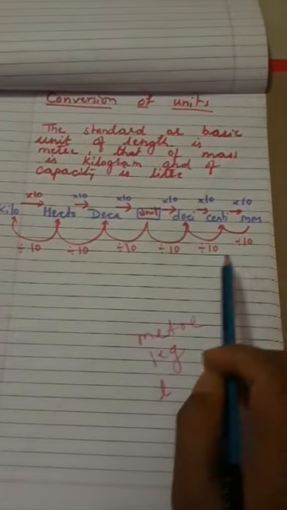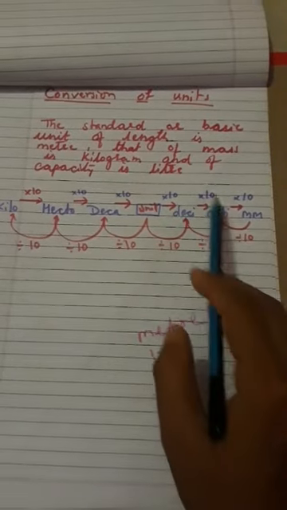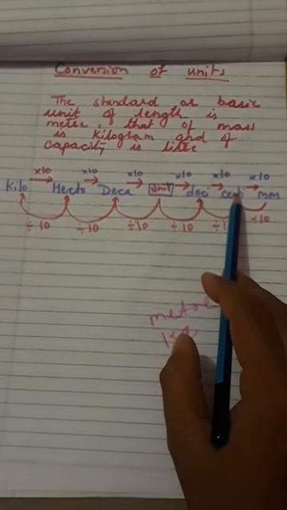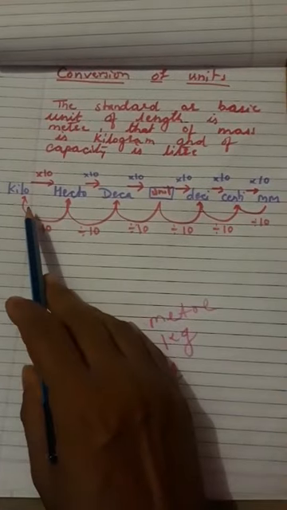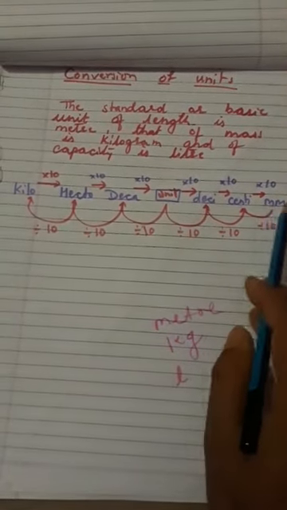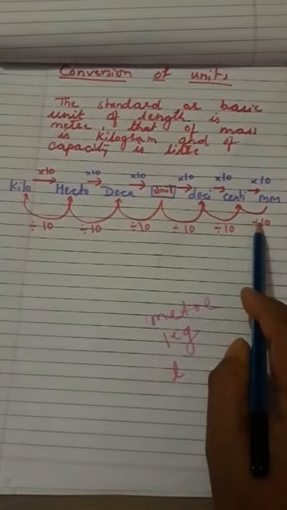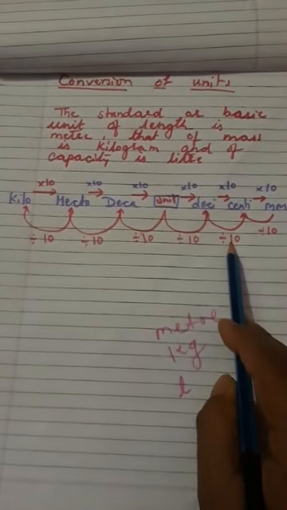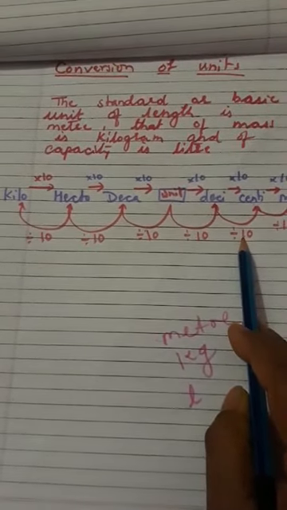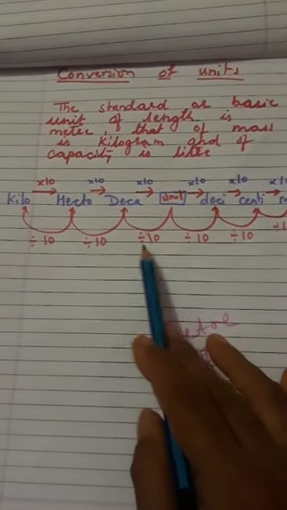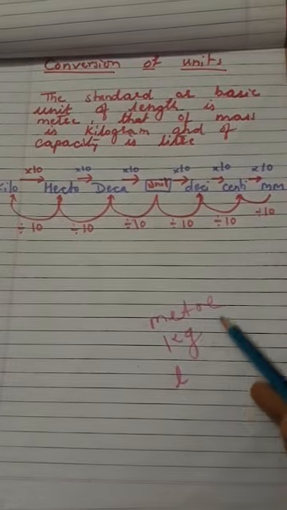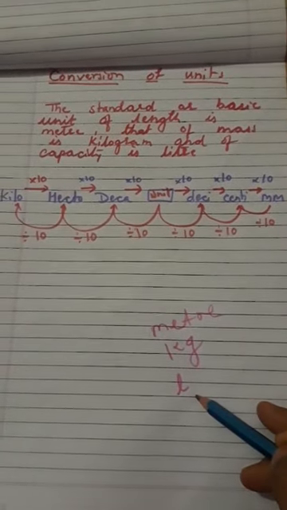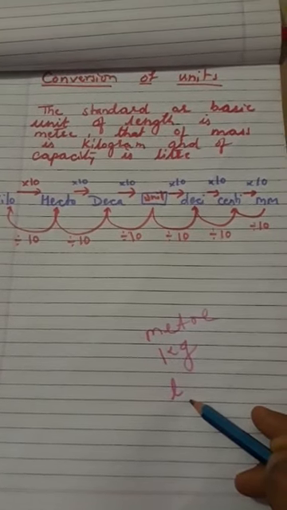It depends upon the number of jumps. You can go directly also, then that many zeros will be added. Now millimeter is small. From here, if you are moving to kilo or somewhere else, from smaller to greater, what you have to do? Divide by 10, divide by 10, divide by 10, and so on. Now in place of unit, meter, kg or liter will come. It depends upon which unit you are changing.